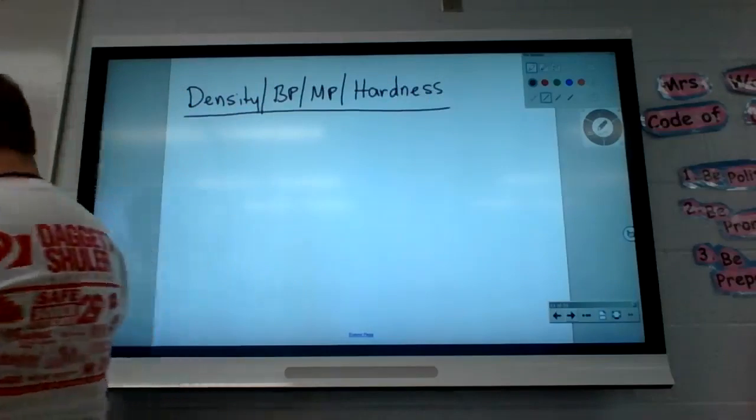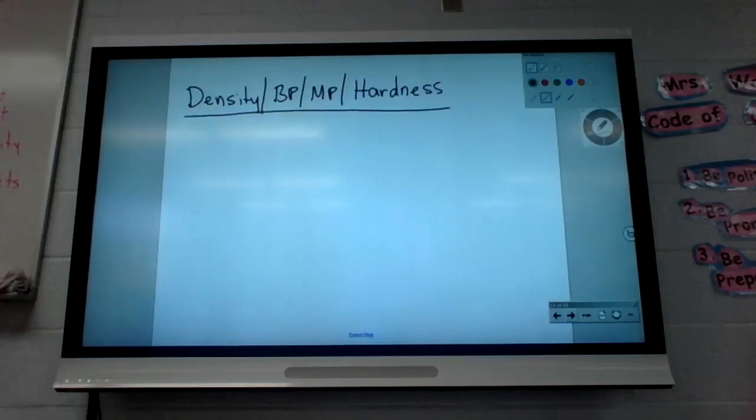Now, this trend is all the same. And the nice part about this one is it's the opposite of reactivity, so it makes it easier to learn and keep track of. Now, did you learn about the Mohs scale in earth science, talking about the hardness of rocks? No. Yes.